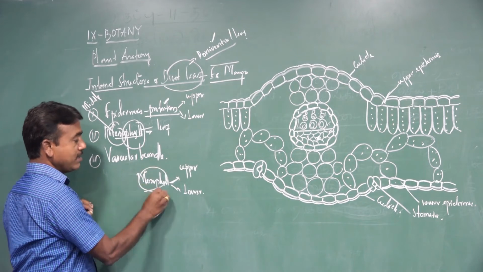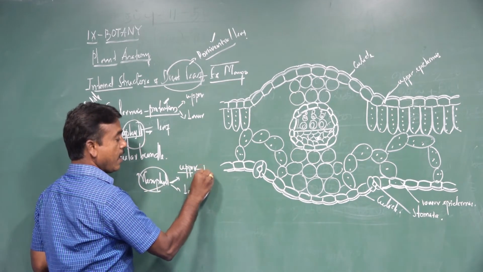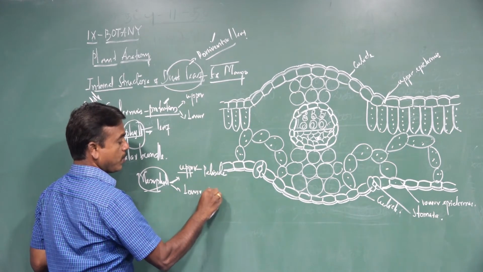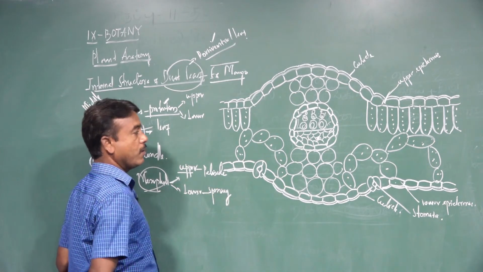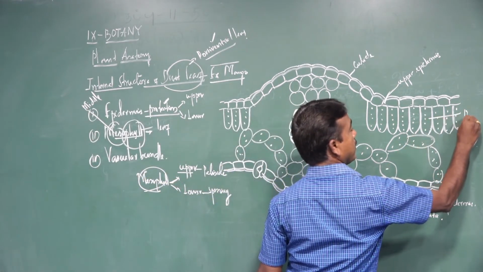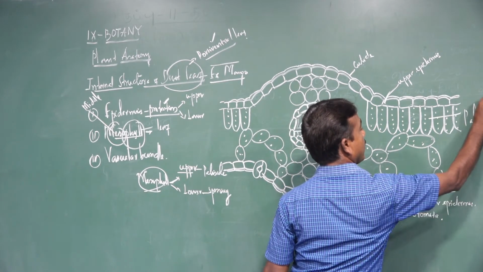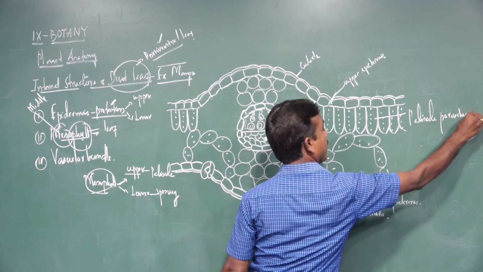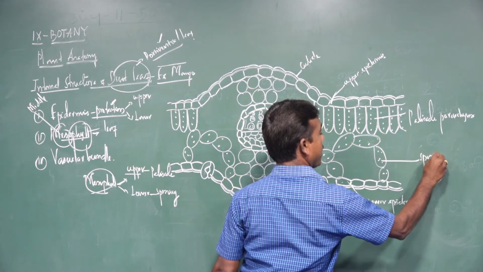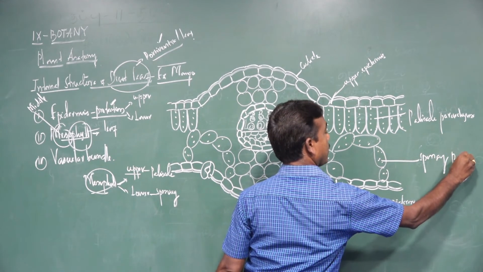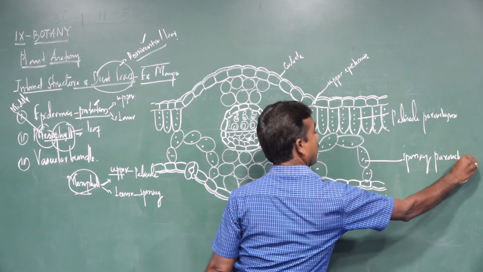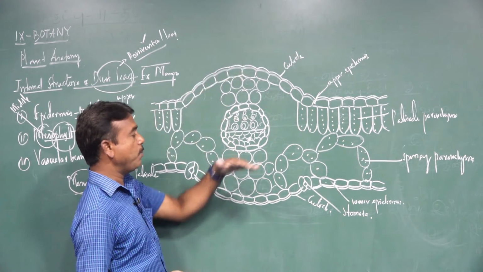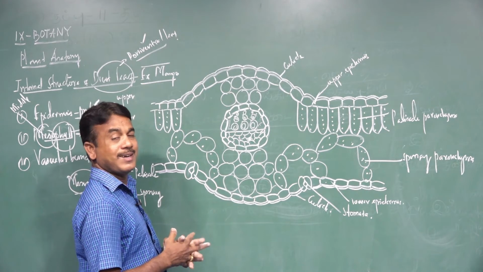The mesophyll is differentiated into upper palisade parenchyma and lower spongy parenchyma. This is the palisade parenchyma. This is the spongy parenchyma. So differentiated parenchyma cells occur between the upper and lower epidermis. That is commonly called a dorsiventral leaf.